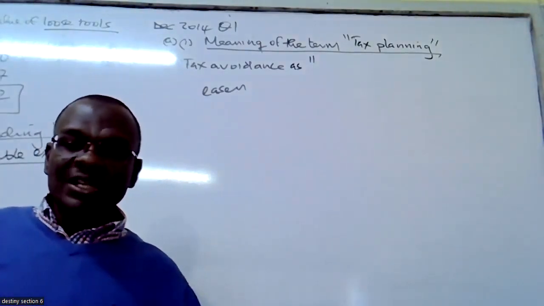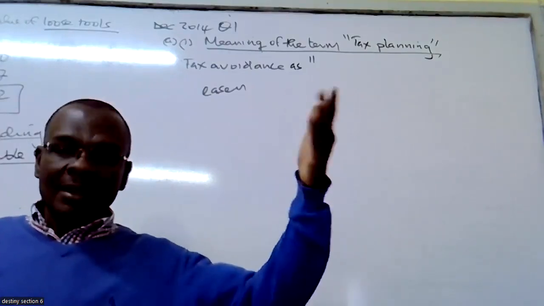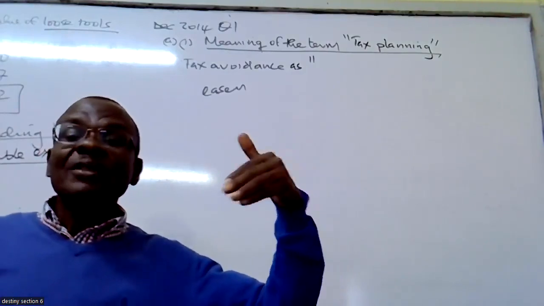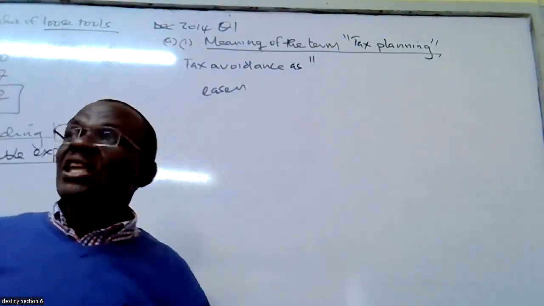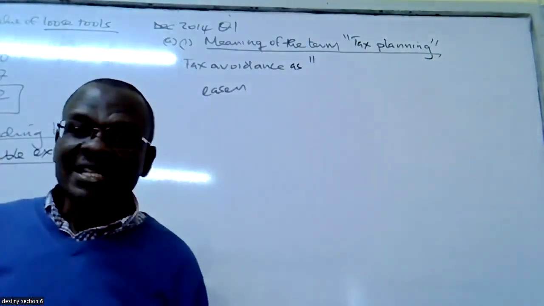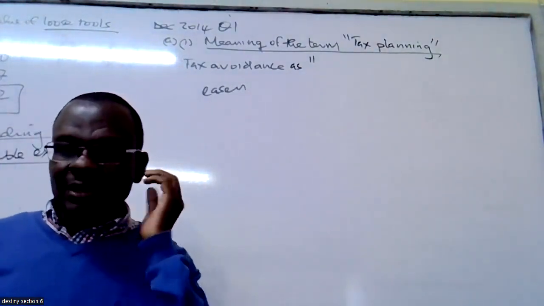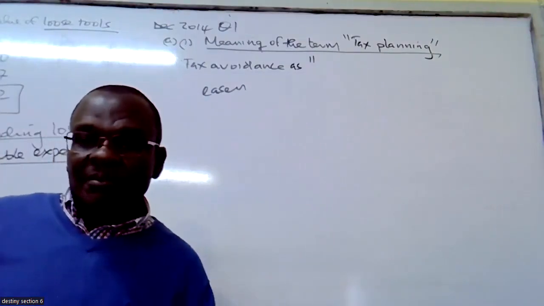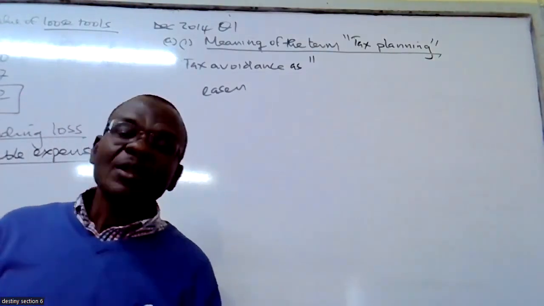You can reduce the impact of the tax burden by deferring recognition of certain incomes so that you pay tax later. For example, you can defer the tax burden of dividends by simply declaring bonus shares instead of paying cash dividends. That way, the shareholders don't have to pay withholding tax.